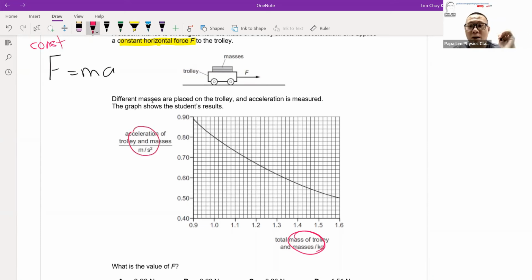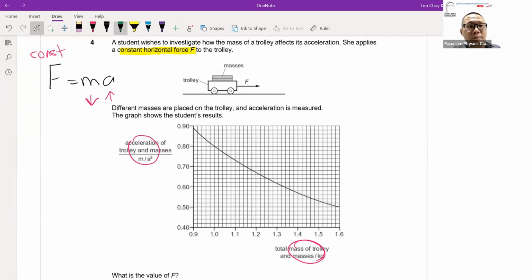When the mass is decreasing, the acceleration increases. The important clue is that a constant force is applied to the object, which means the force on the left hand side is a constant value.